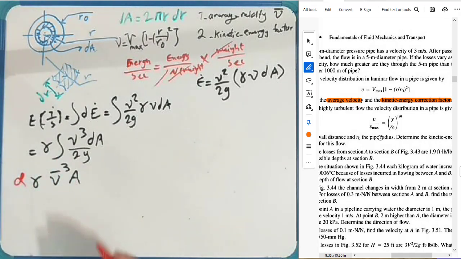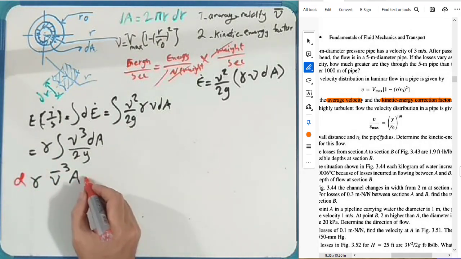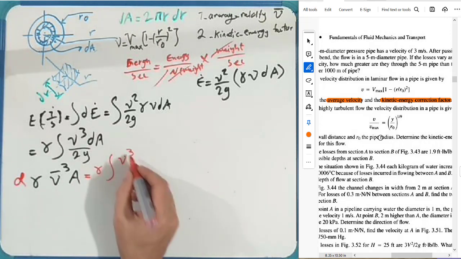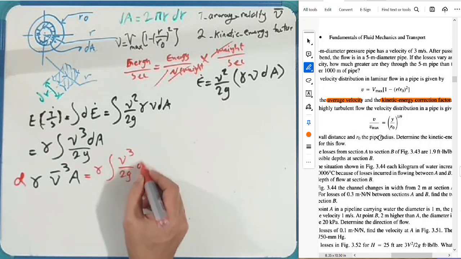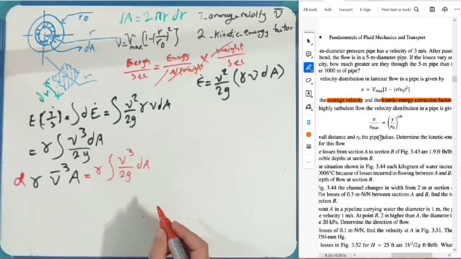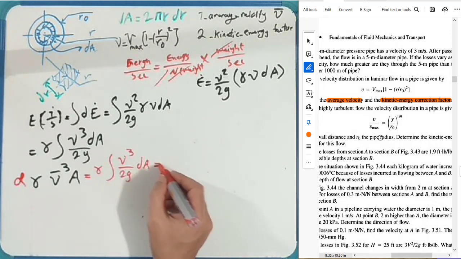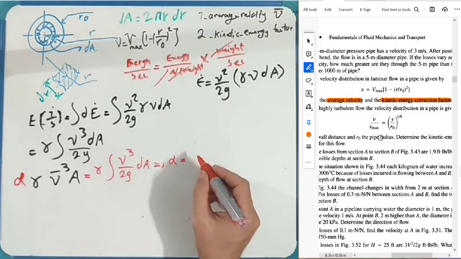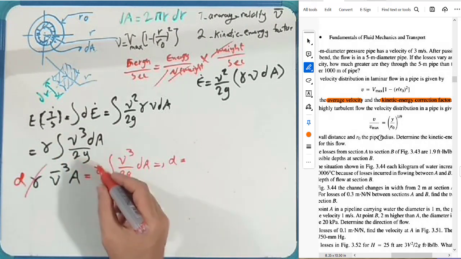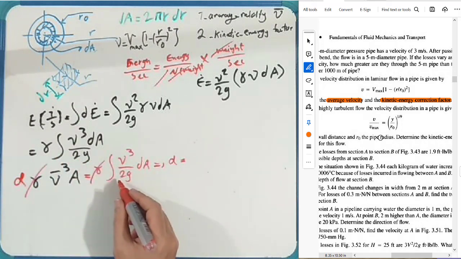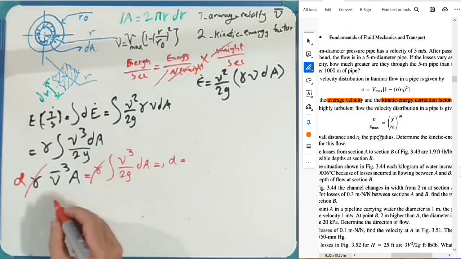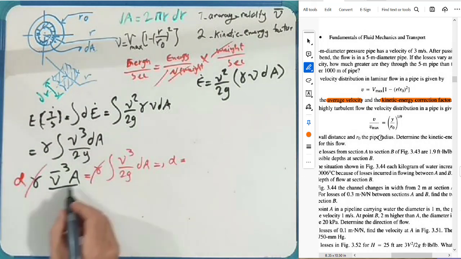Okay, to be equal to gamma integral of nu cubed over 2g dA. Okay, then I want to find alpha. Alpha would be, eliminate these two gamma, and okay, I forgot to write 2g here.